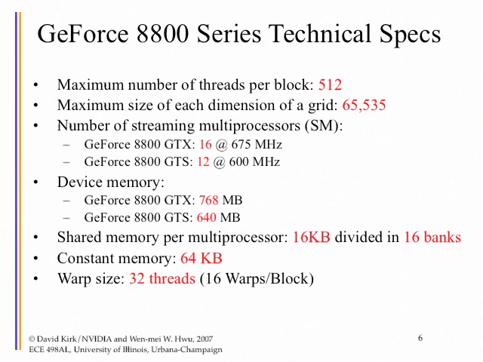So the maximum number of threads per block for both products is 512. Okay, this gives you a little bit of a hint about how these things are going to be scaled. You're unlikely going to see more threads per block in future products. Okay, that number 512 is likely going to be pretty much fixed through the product generations.